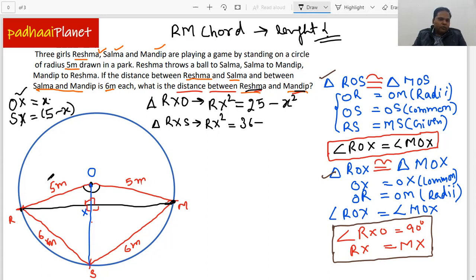So square of SX is basically this, so I can write 5 minus x whole square.